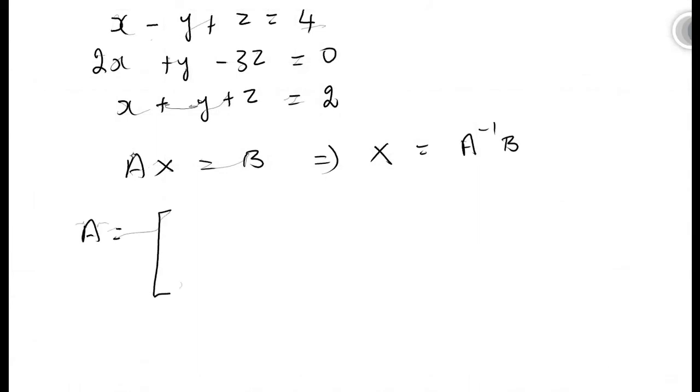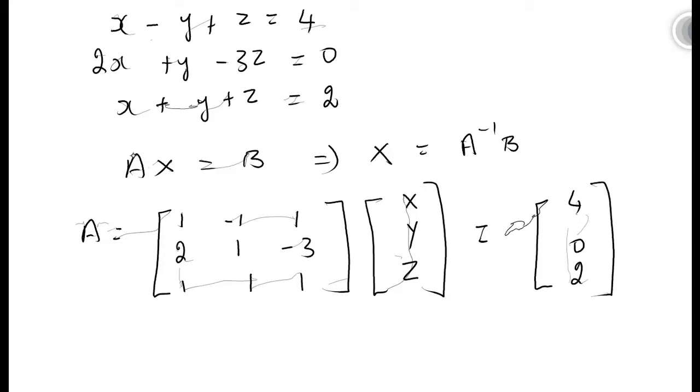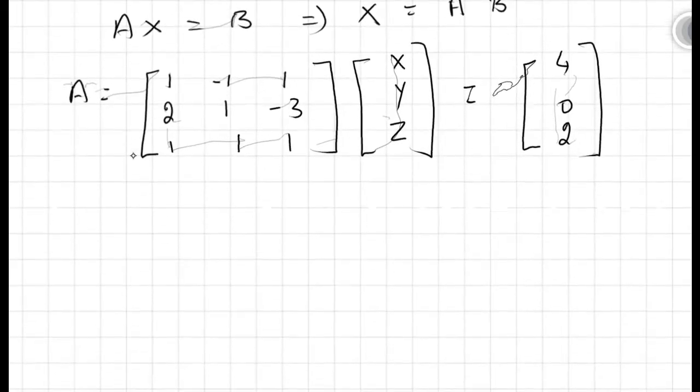So A is equal to [1, -1, 1; 2, 1, -3; 1, 1, 1], X denotes [x, y, z], and B is [4, 0, 2]. Now let us see if the inverse exists.